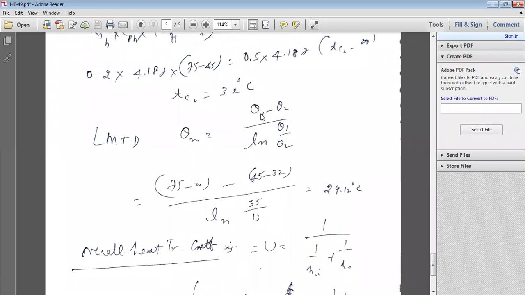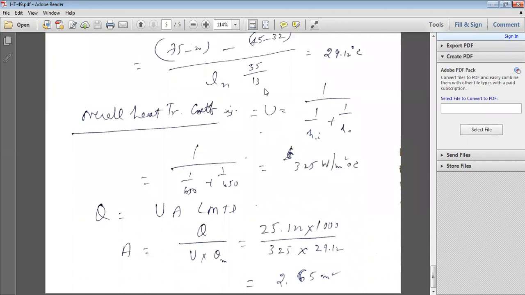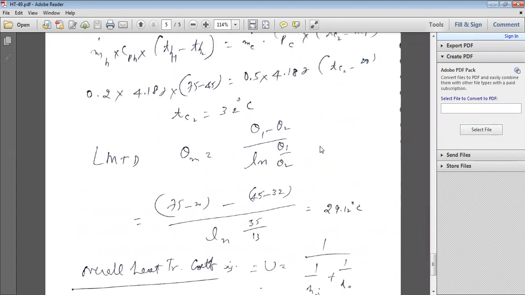LMTD you can easily calculate using the formula theta LMTD equals theta 1 minus theta 2 divided by ln theta 1 by theta 2. Sometimes you have to calculate the overall heat transfer coefficient when conduction is also considered.